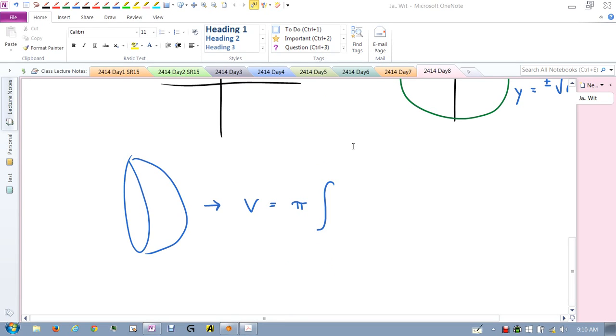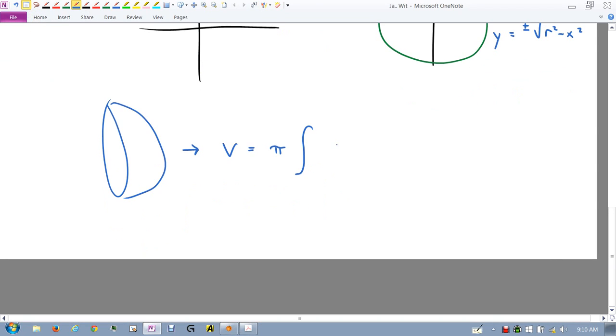What's our f function squared? That was that square root of r squared minus x squared, but then we're going to square it, minus the g function, which was 0, squared dx. That's what we have. It's a good thing, too, because when you square the square root, it goes away.